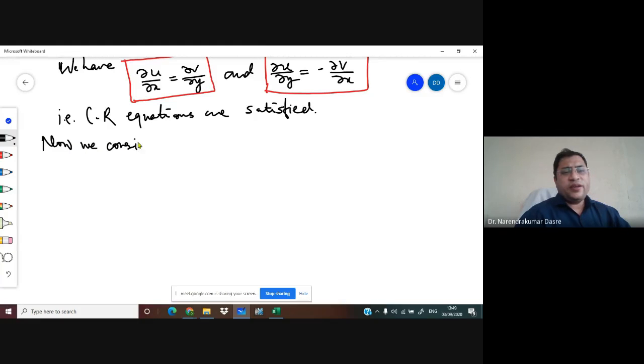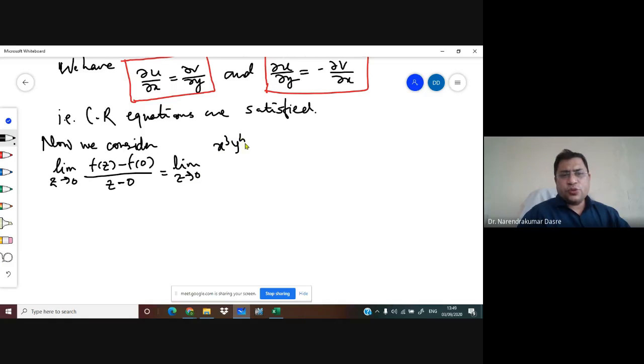Now what is the formula to check the derivative? By the first principle, limit z tends to 0, we have to consider f(z) - f(0) upon z - 0. So that's what we have: limit z tends to 0, x³y⁵(x + iy) upon x⁶ + y¹⁰, minus 0, upon z, which I can write as x + iy, minus 0.